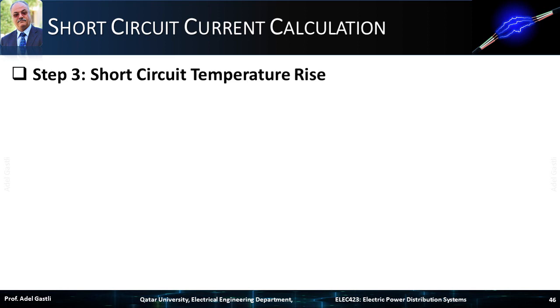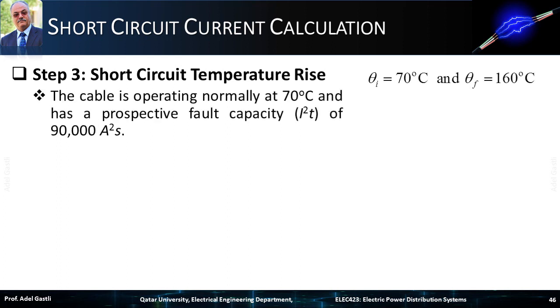In step 3, we need to check the permissible short circuit temperature rise. The cable is operating normally at 70 degrees Celsius and has a prospective fault energy of 90,000 amperes squared seconds. We know that PVC has a limiting temperature of 160 degrees Celsius.